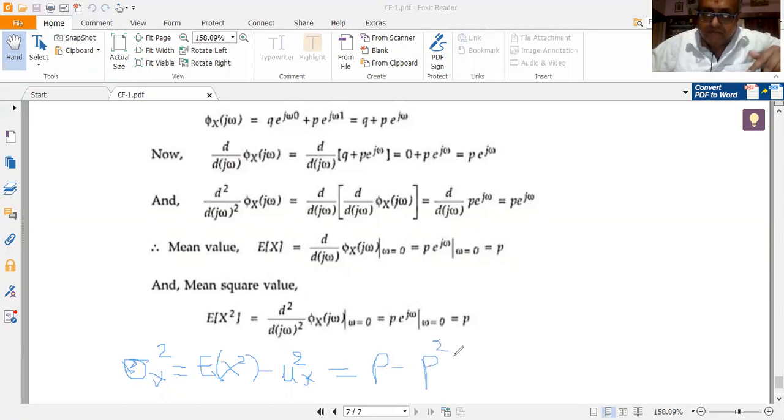So P minus P squared. Now let me take P common factor. So P into 1 minus P. Now this 1 minus P is equal to Q. So the variance of a Bernoulli distribution is not equal to 0. It is equal to PQ.